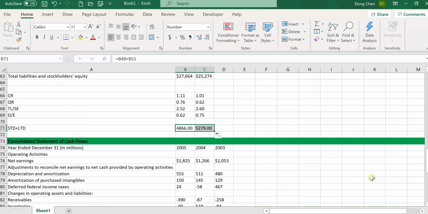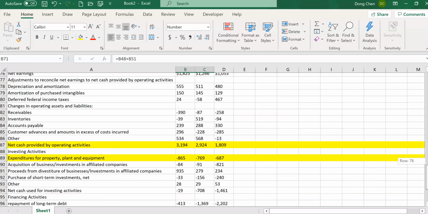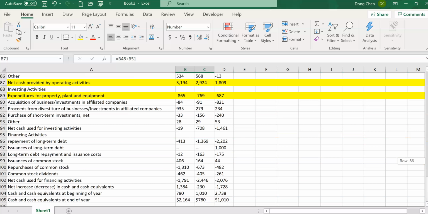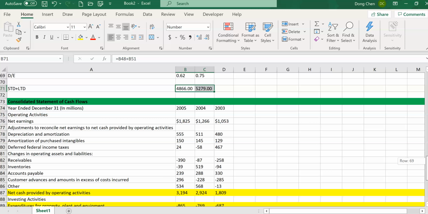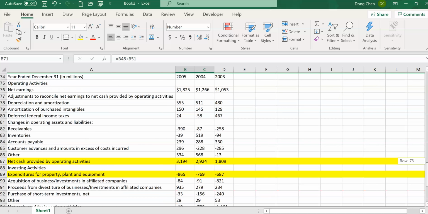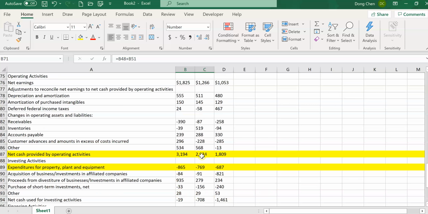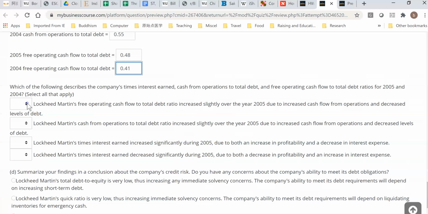So that's correct. And what about cash flow from operations? Going back to the cash flow statement, that's also correct, because this increased from below $3,000 to above $3,000 from 2004 to 2005. That means this part of the analysis is correct. And then let's go on.